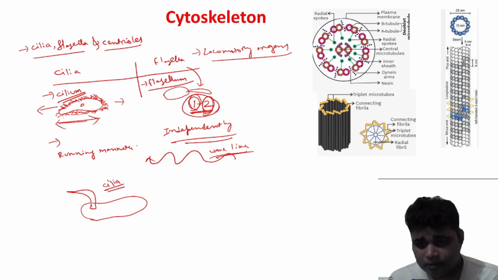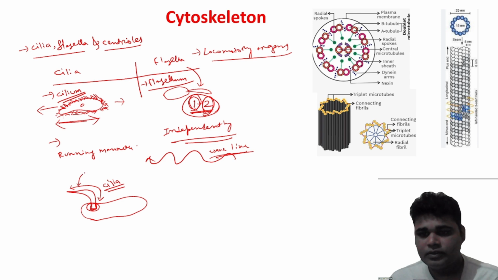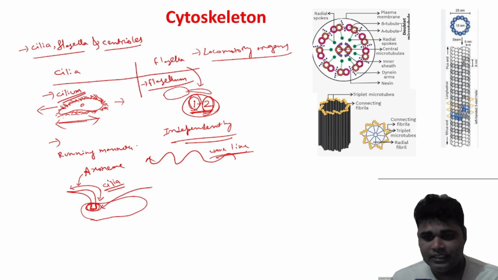Some part of the cilia is protruded in the cytoplasm, and some is present outside. The outside part of the cilia is called the axoneme. This is very important, axoneme. While the part which is present inside the cytoplasm or inside the body is called the basal body.